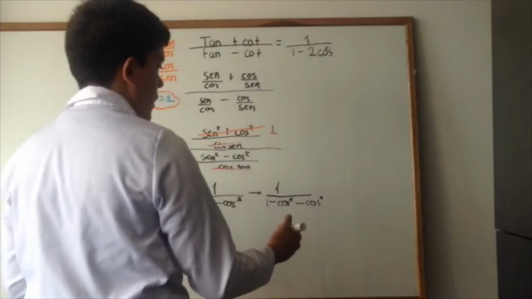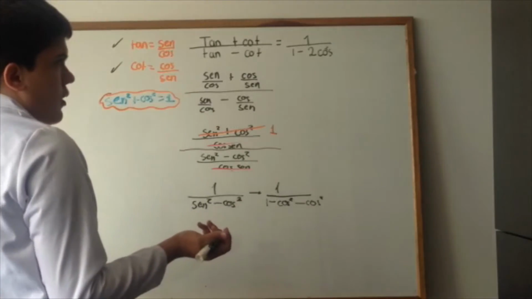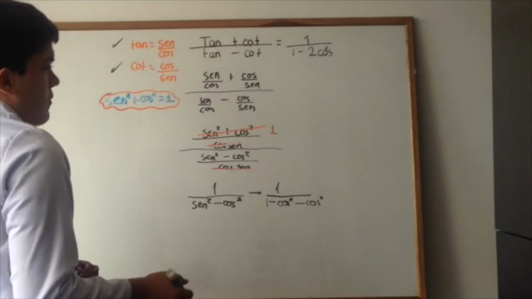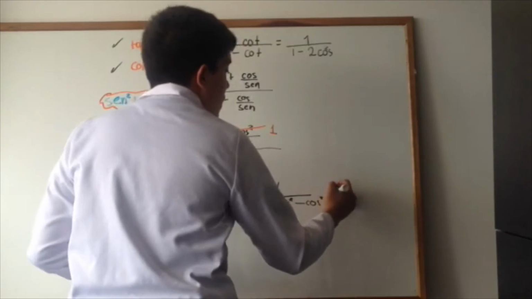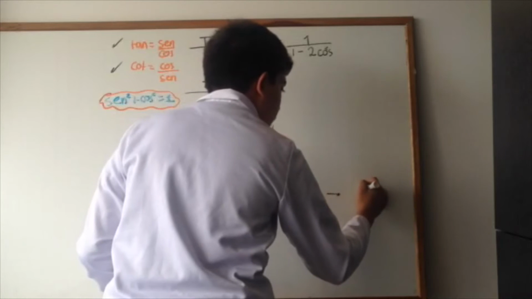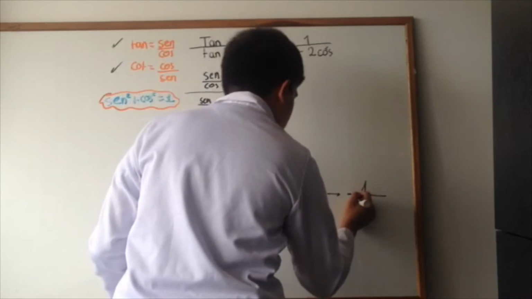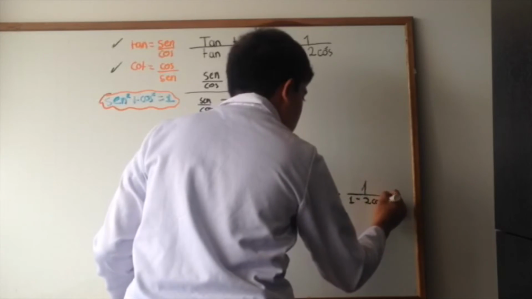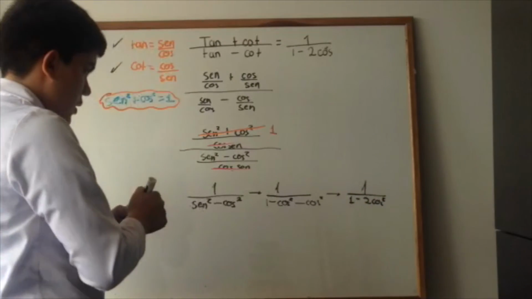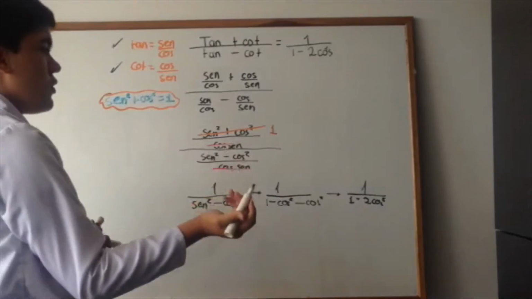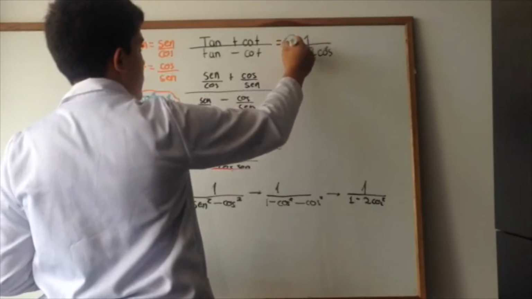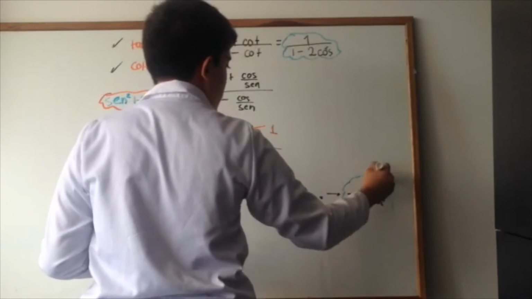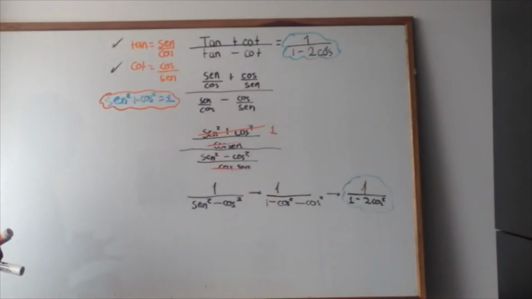Well, if we know algebra or arithmetic or maths, we know that we have 1 divided by 1 minus 2 cosine square. And to have this answer equal to this. Okay?